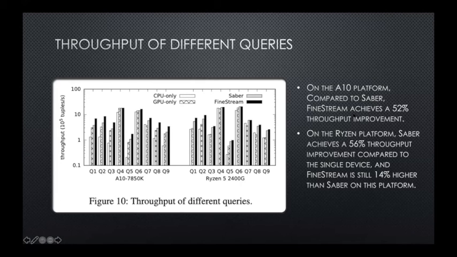On the A10 platform, compared to Sabre, FineStream achieved a 52% throughput improvement, and on the Ryzen platform, Sabre achieved a 56% throughput improvement compared to the single device, and FineStream is still 40% higher than Sabre.